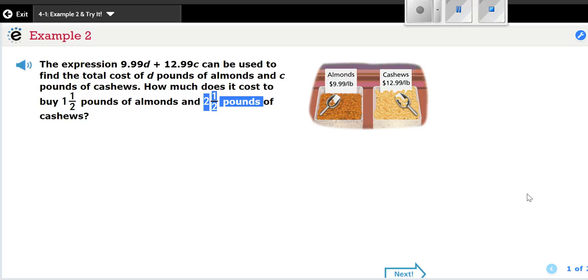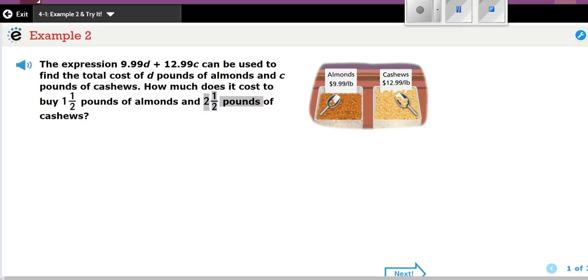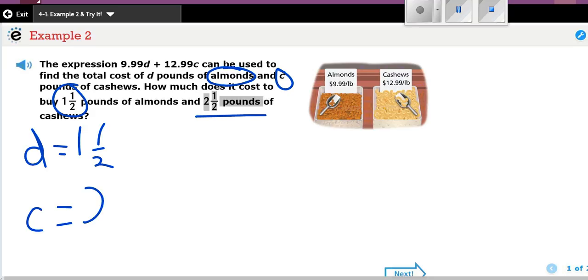I think that's what you got to watch out for. So as you start working with this, you got to make sure that you are separating your ideas. So if you have D is this idea and it goes with almonds, you got to make sure you're putting that 1.5 there, and C of course goes with the 2.5 pounds there. And doing that, you're making sure you're not confusing the information being given to you.